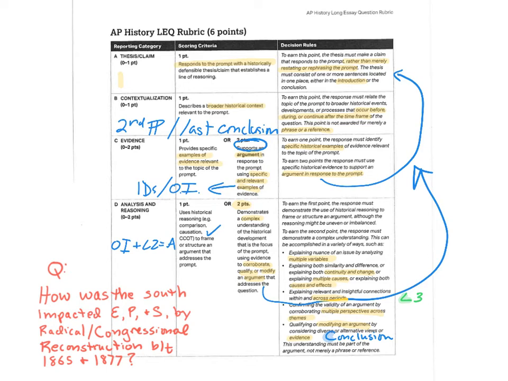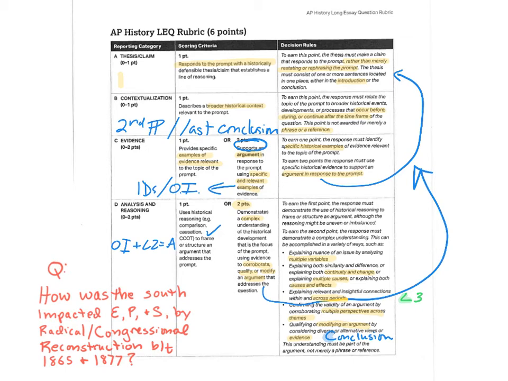The contextualization, if we're setting the stage, maybe you're talking about the end of the war, Lincoln's assassination, Johnson's vetoes, you're discussing impeachment and the conflict between Tennessee, sort of national Republican and Democrat, Johnson versus Congress, and how they're going to battle that out.